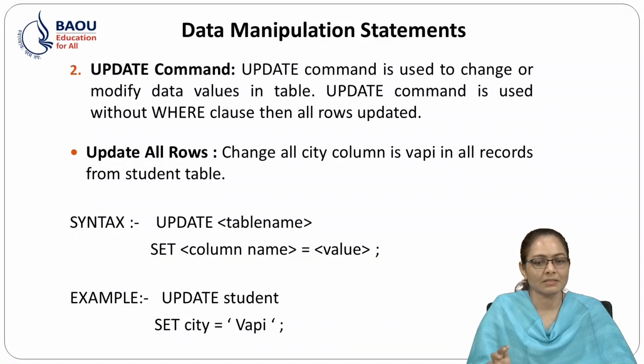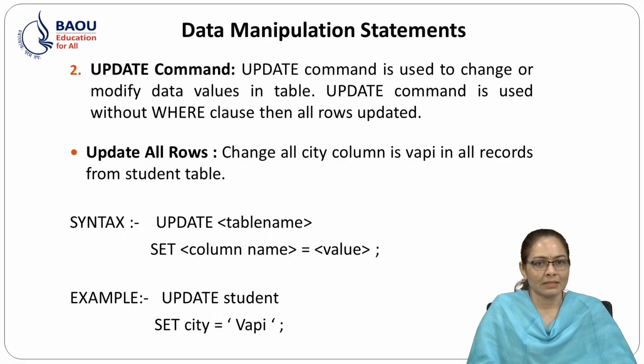So in the student table, all the records have city Vapi. This update command is used to change the city column values to Vapi. So all the records are updated because here we did not include a where condition.